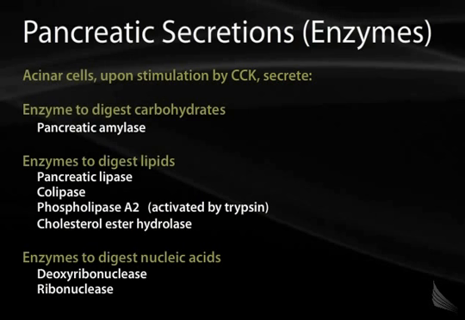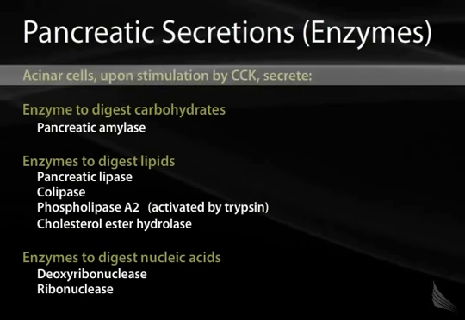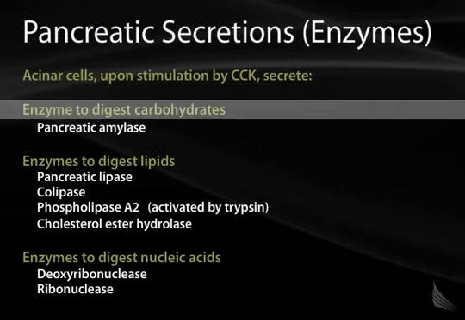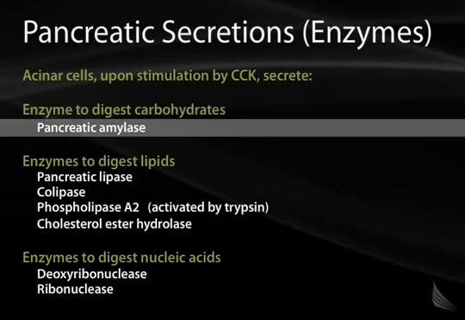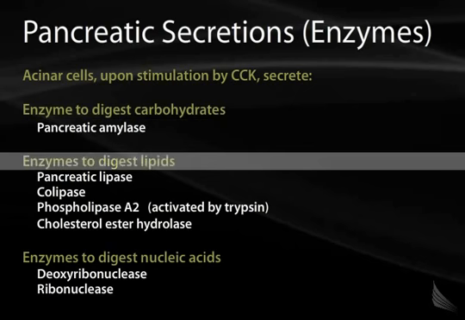As we mentioned in the peptide and hormones section of this module, acinar cells in the pancreas, upon stimulation by cholecystokinin, secrete enzymes to digest carbohydrates. This enzyme is pancreatic amylase. They also release enzymes to digest lipids.